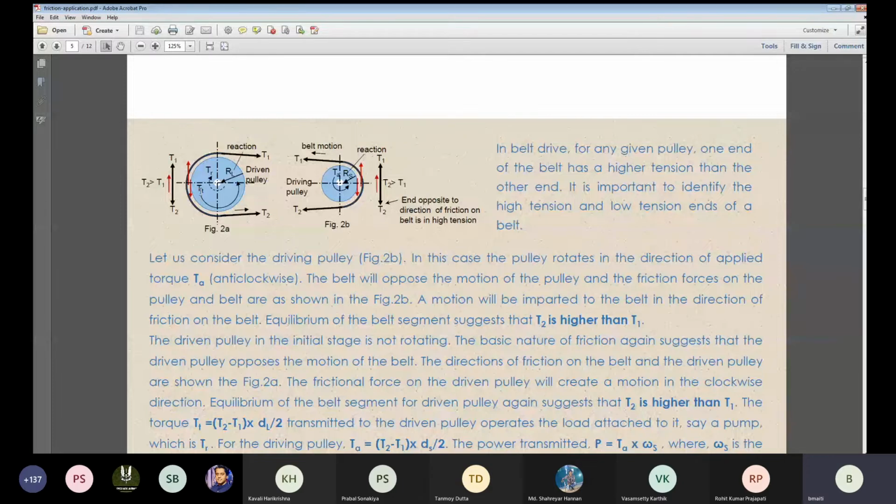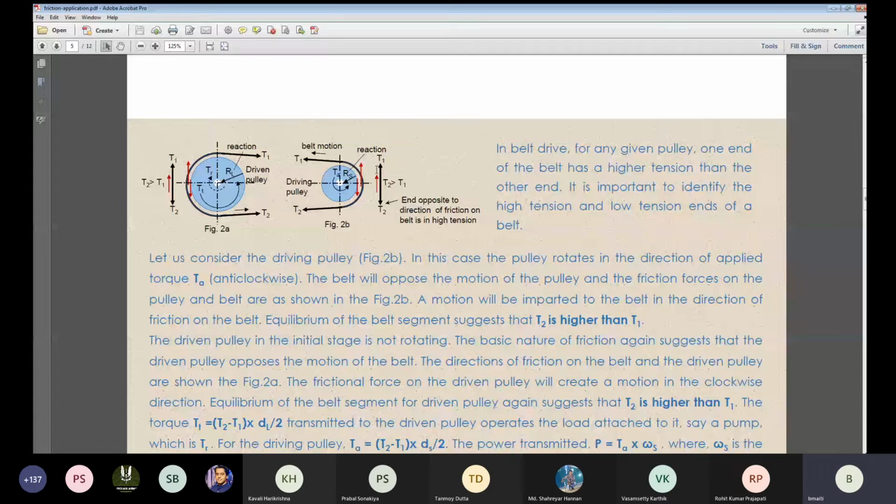In this particular case, one is a pulley, another is a belt. Now try to find out in which direction the friction on the belt is appearing. From the physical scenario, the friction on the belt appears in the direction I have drawn over here.